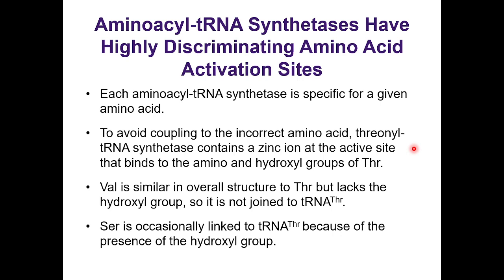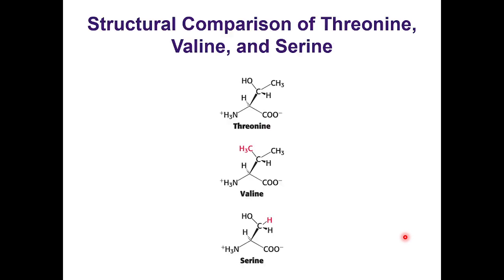Valine is similar in overall structure to threonine but lacks the hydroxyl group, so it's not going to be joined to the tRNA that is specific for threonine. Serine is occasionally linked to the tRNA for threonine because of the presence of the hydroxyl group.